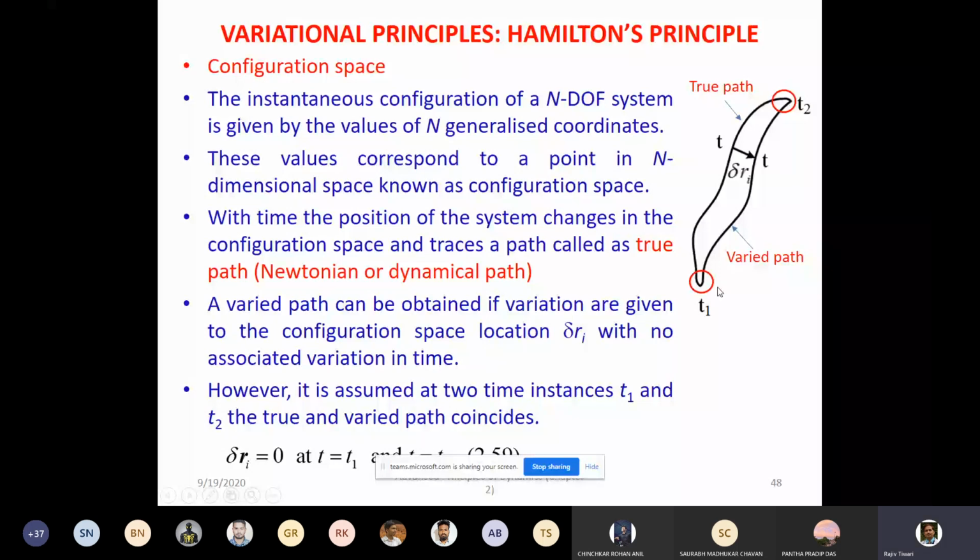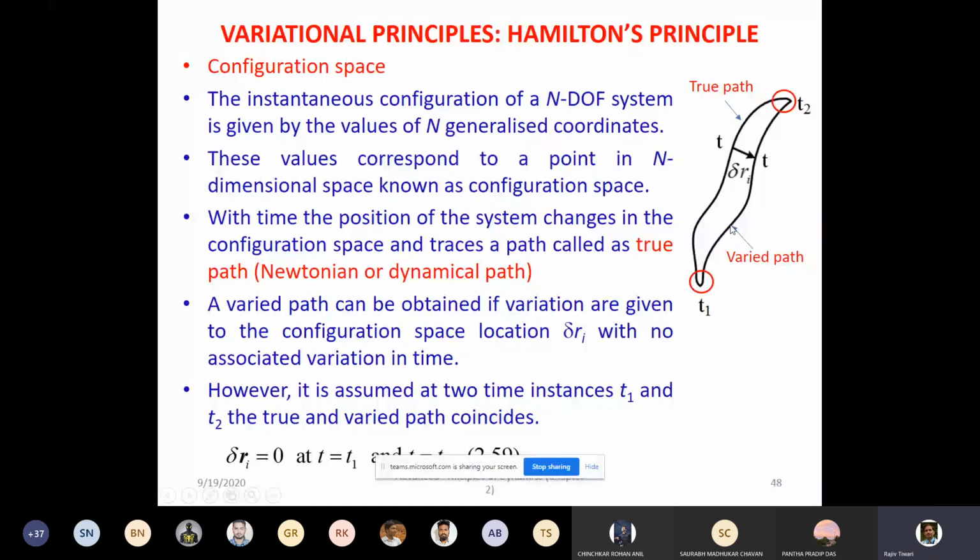Again, the variation is not defined with respect to time. When at a particular time t a particular n-vector is occupying a position, we give the variation at that time only. So this variation is not with respect to time; we are not giving a variation of the time, only of the generalized coordinates.